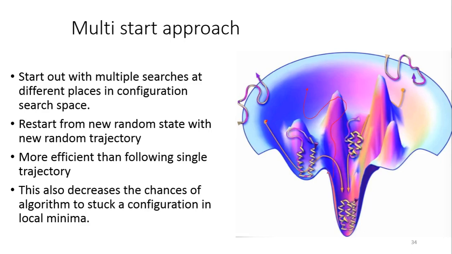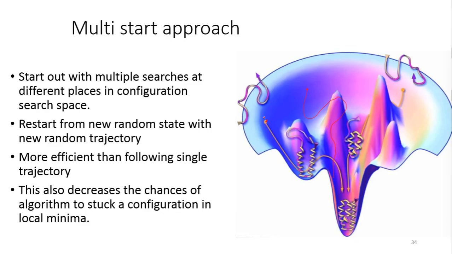We restart from a new random state with a new random path, and hence it becomes more efficient than following a single path. This also decreases the chances of the algorithm getting stuck in a configuration in a local minimum, so you can avoid that.